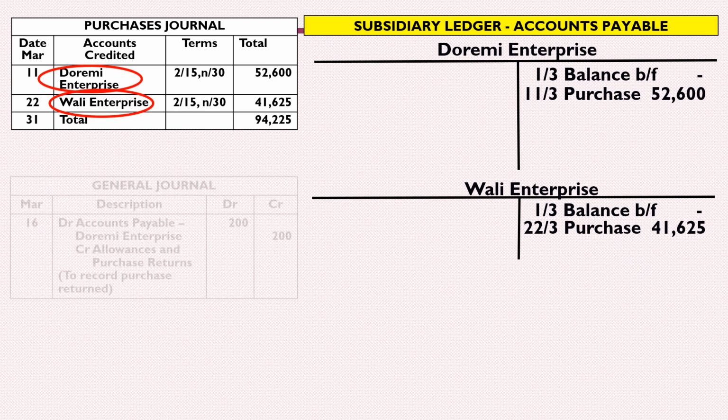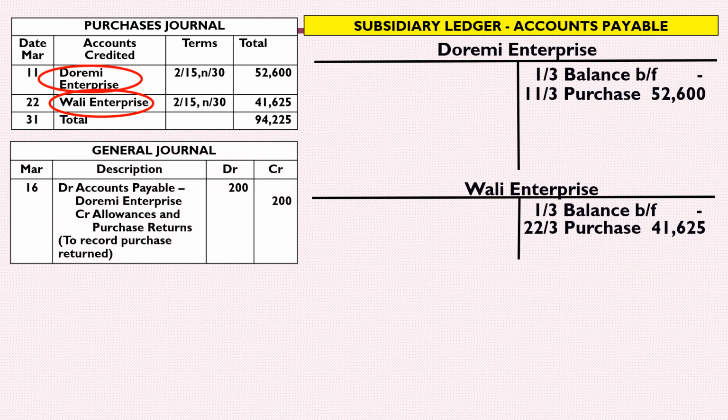Secondly, check the general journal whether is there any purchase return. In this general journal, we found that on 16 March, there is accounts payable Dani Enterprise for purchase return amounting 200.